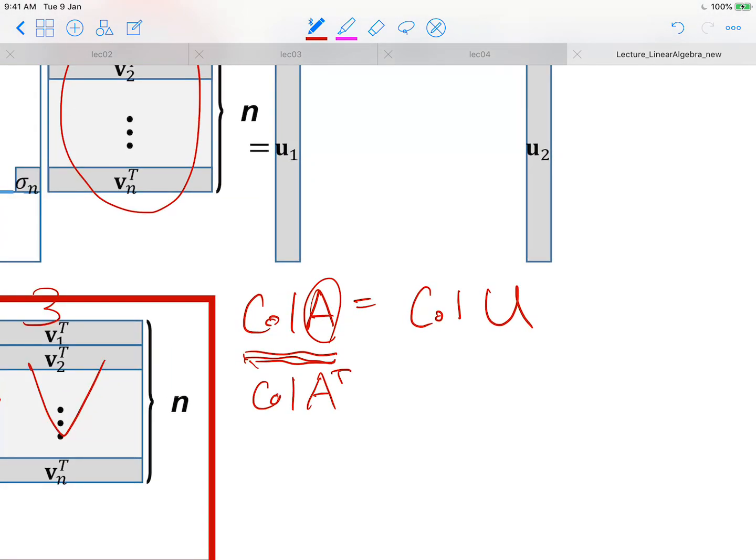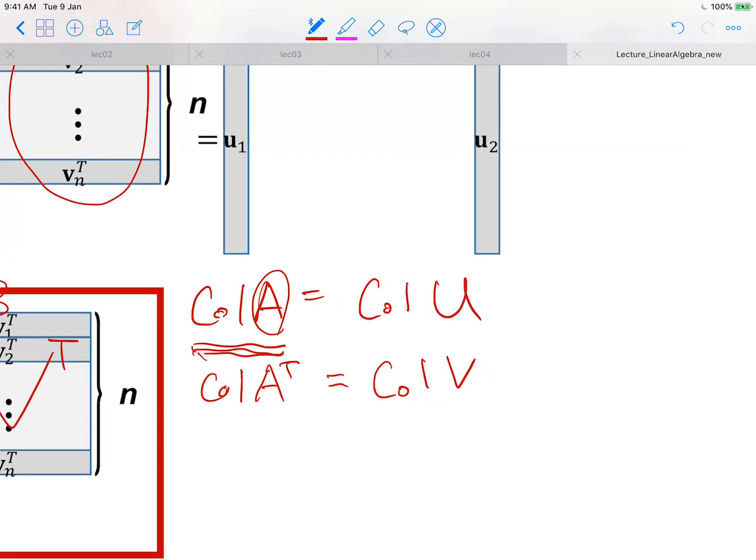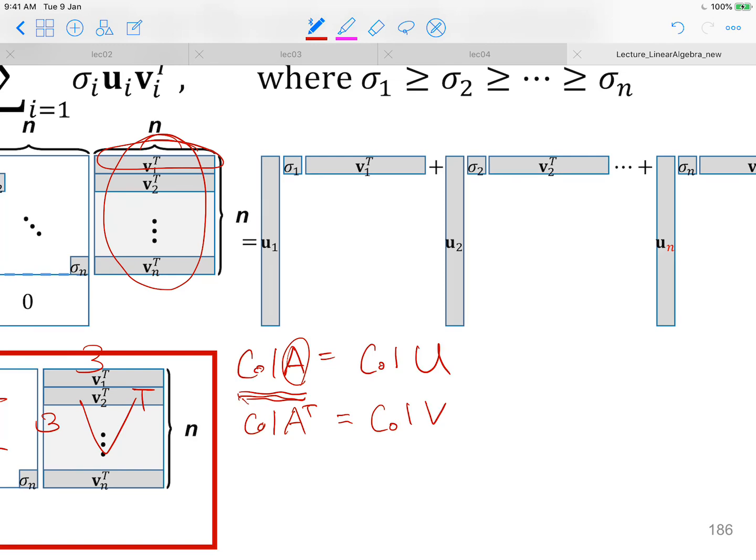Similarly, the column space of A transpose is the column space of V. This is V transpose. And then there are some additional relationships.